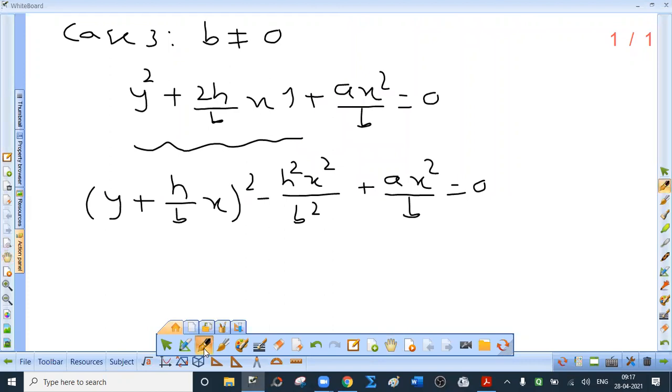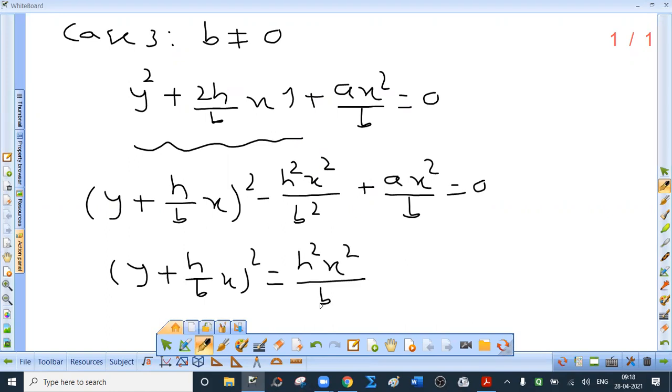Is that clear? Now next step, y plus h upon b x whole square, shift all remaining terms to the RHS. So h square x square upon b square minus ax square upon b. What is the LCM? LCM is nothing but b square.